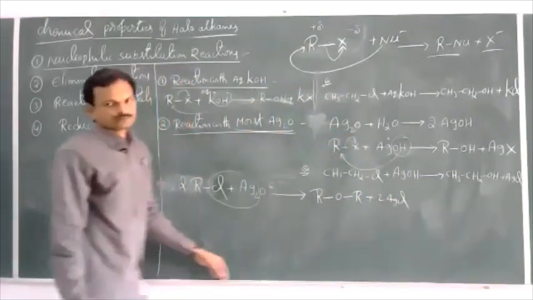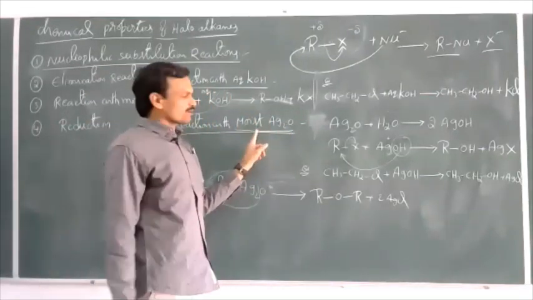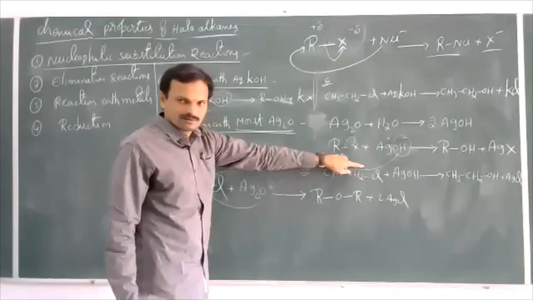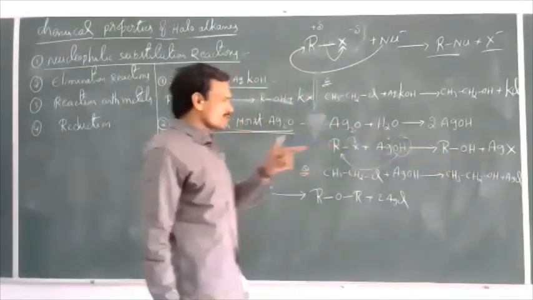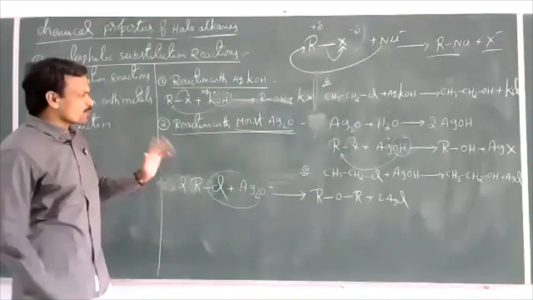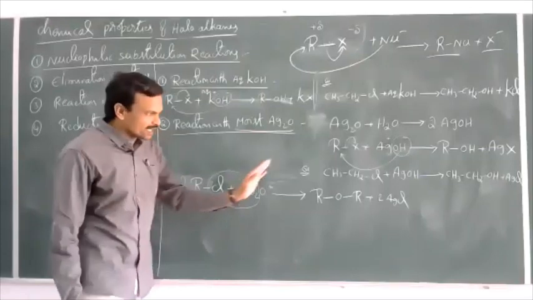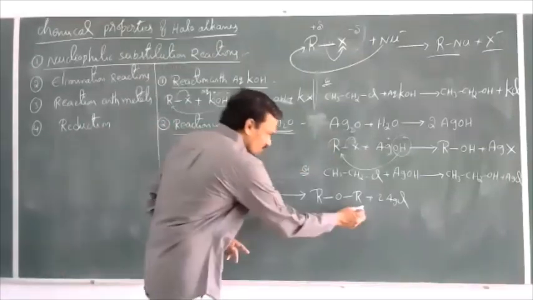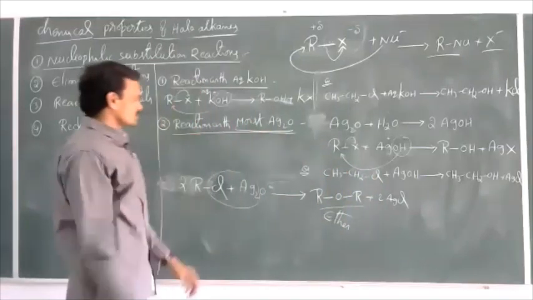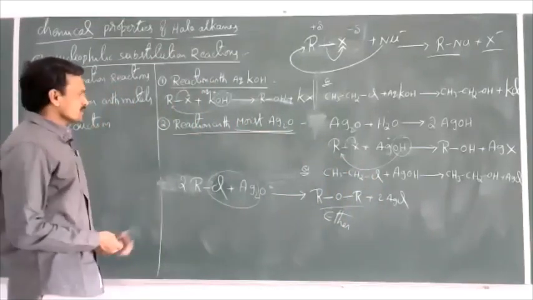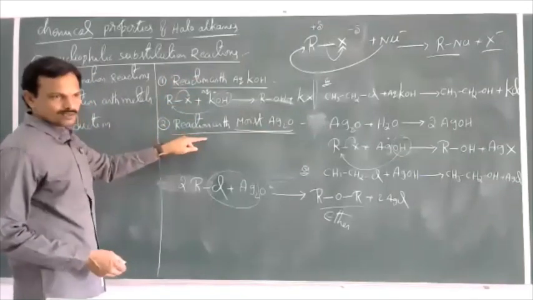This is the product. So when haloalkanes are allowed to react with the moist silver oxide, then we can get alcohol as the product. Instead of moist silver oxide, suppose you take a dry silver oxide in the same reaction, then instead of getting an alcohol, we will get an ether as the product. This is the reaction. So this is regarding reaction with aqueous KOH and moist silver oxide.